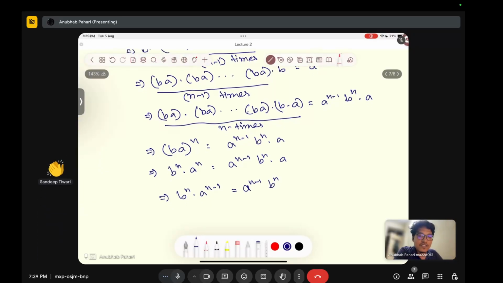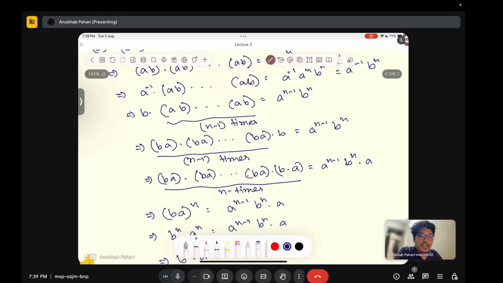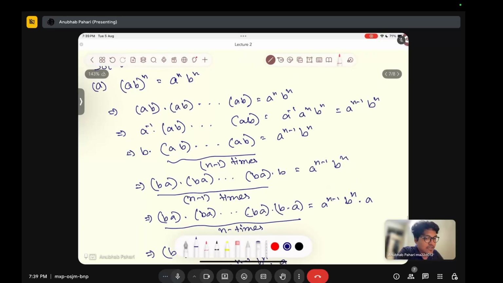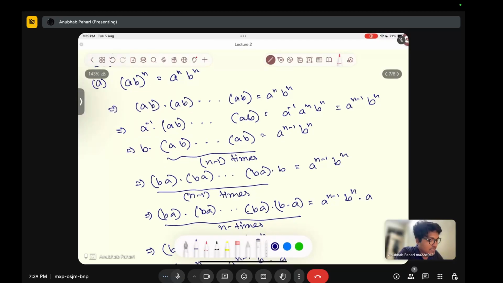This is okay, right? Akanksha and Sandeep, what are you saying? I was saying, in the step BA into BA n minus 1 times, I have used AB into AB n minus 1 times, the above one step.